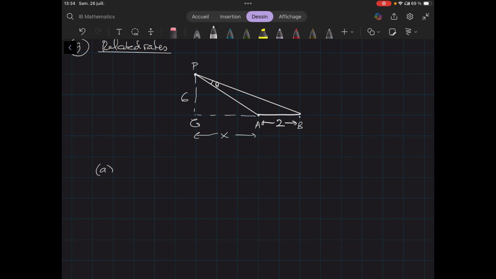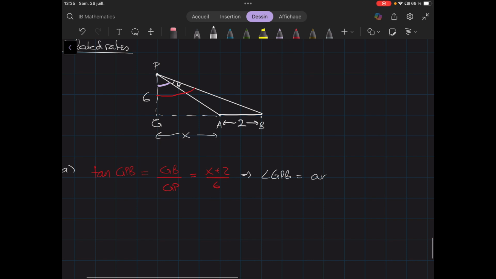Show that theta is equal to that expression. How do we find theta? Well, we can treat theta as the big angle minus the small angle. For the big angle, we have tan of GPB is equal to GB over GP, so x plus 2 divided by 6. Therefore, the big angle is equal to arctan of x plus 2 divided by 6.